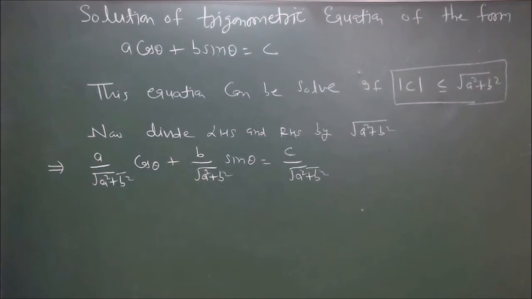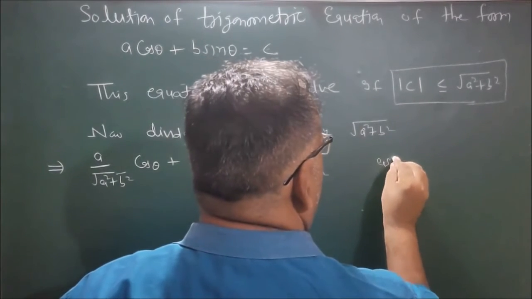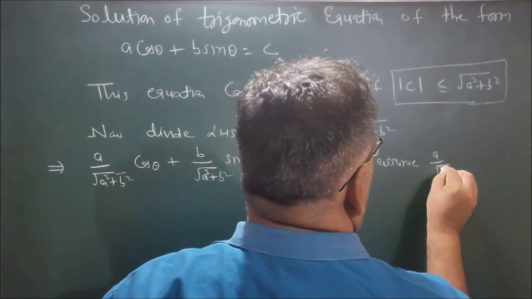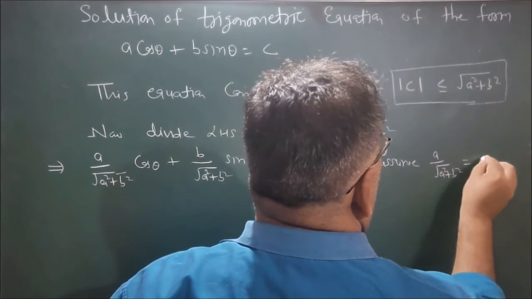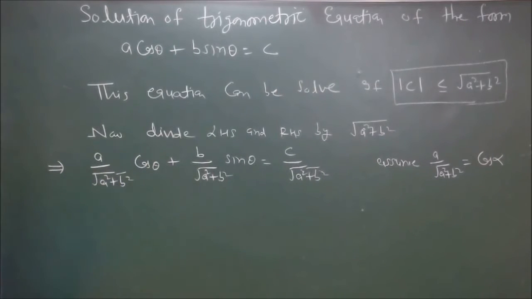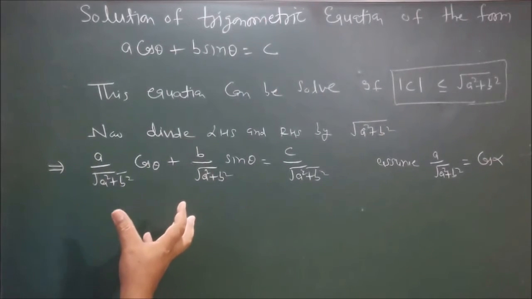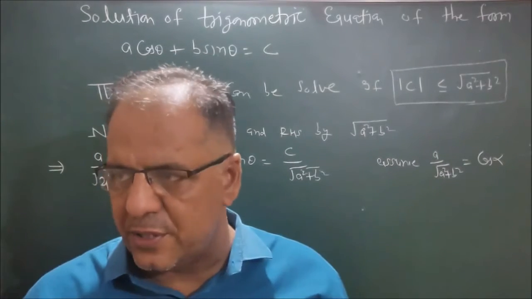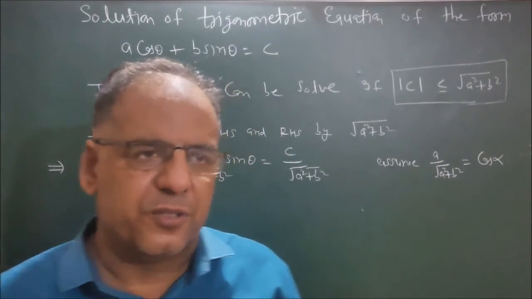After dividing by under root a square plus b square, assume a upon under root a square plus b square equal to cos alpha. You can assume it as sin alpha also. So we want to convert left hand side in the form of identity cos a plus b, cos a minus b, sin a plus b, or sin a minus b.